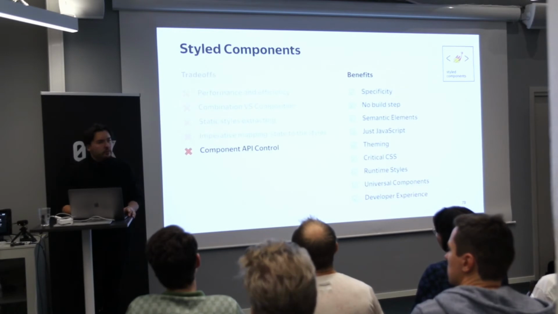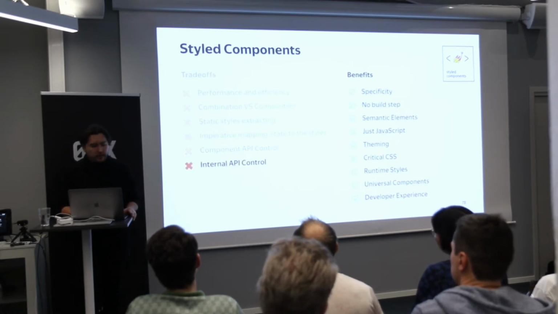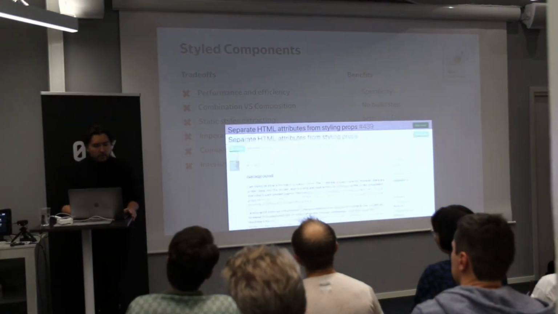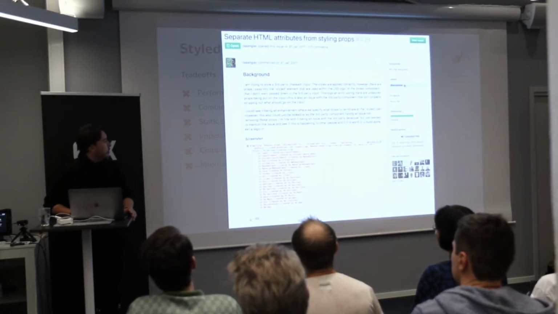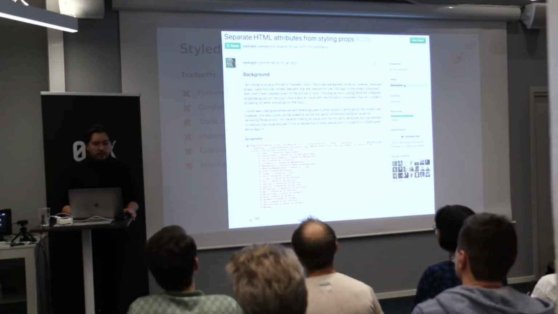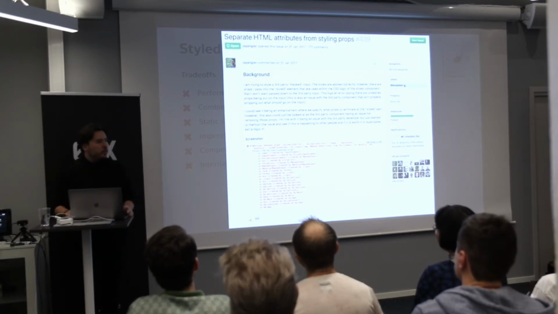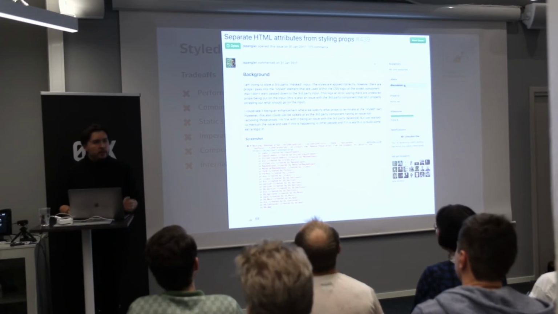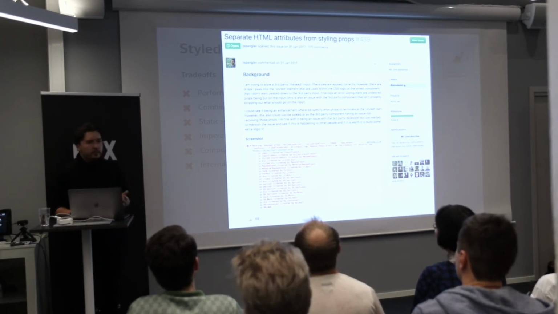And which is more important, I think, is internal API control. There is an old issue with styled-components about passing your styling attributes to the DOM. For example, if you have a color attribute to set the color of the component, you can't filter that just because you don't know how to filter it.